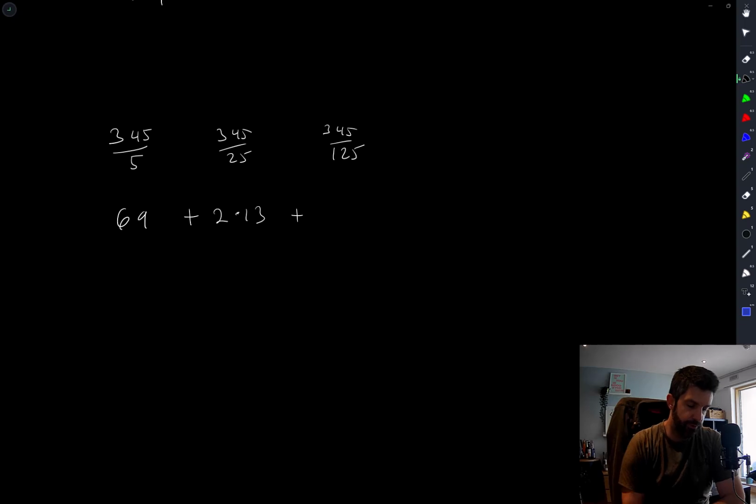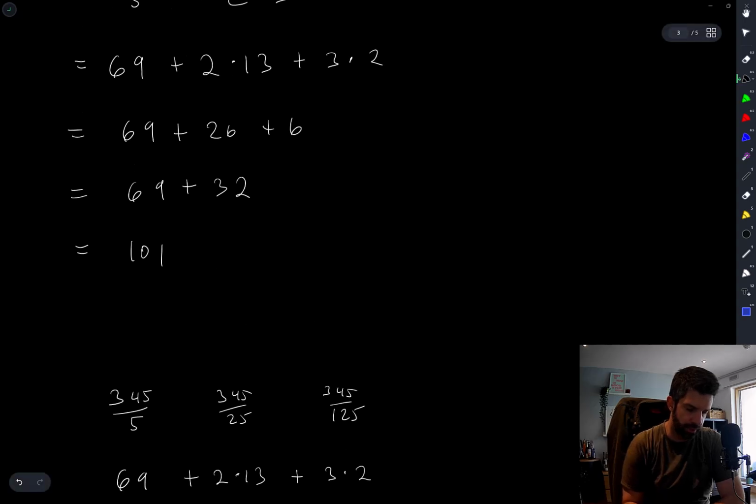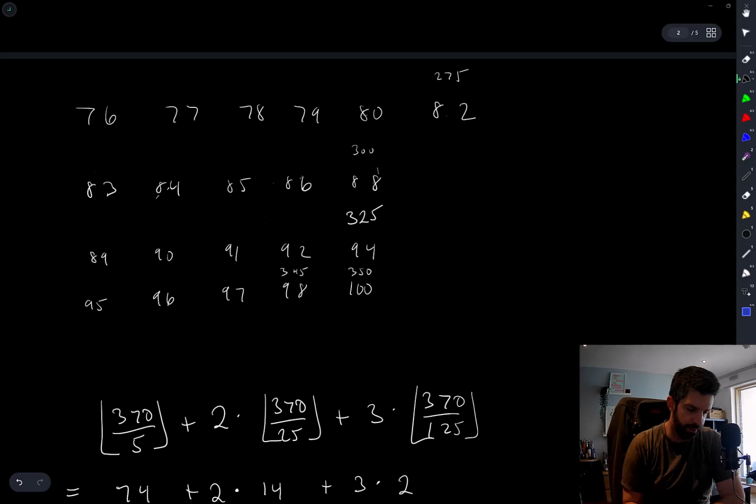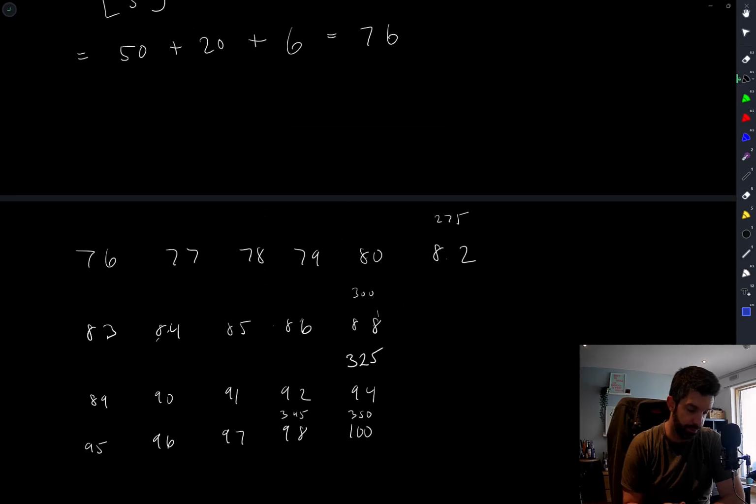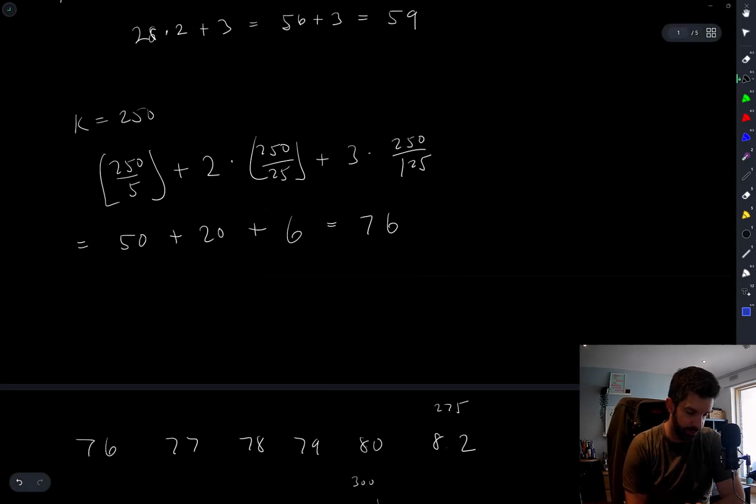And this is 2. 69 plus 26 plus 6. 69 plus 32. That's 101. Why does the pattern break? Did I do, is this one incorrect? 250?